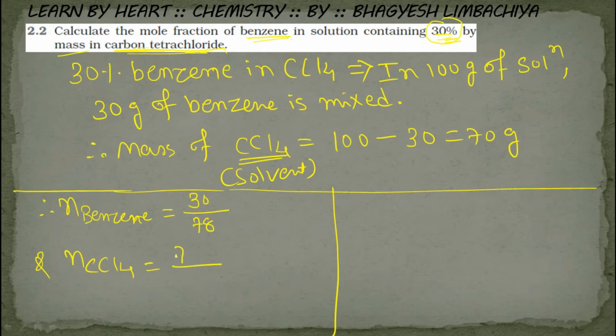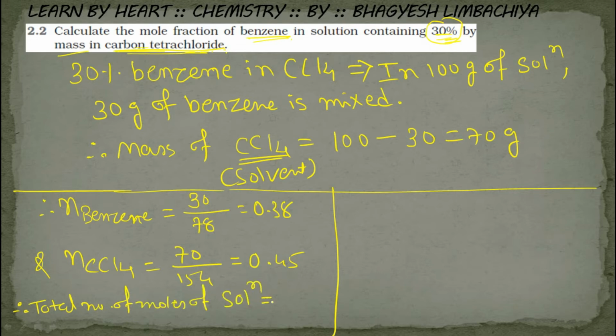Here 70 divided by the molecular mass 154, and by division we are getting the number of moles. Here 0.38 and here 0.45. So the total number of moles of solution will be 0.38 plus 0.45, and by addition we are getting 0.83.